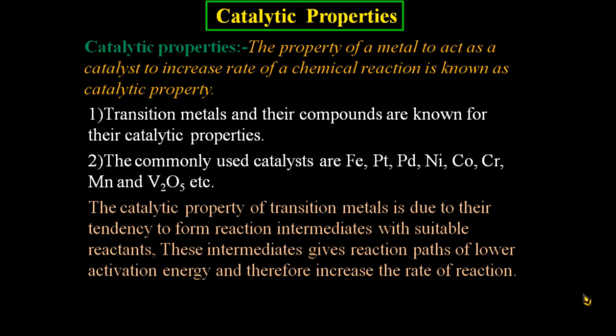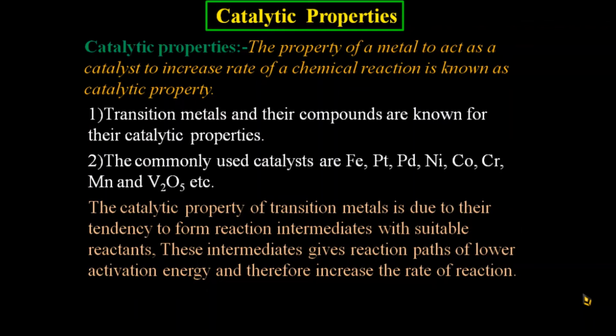Especially the transition elements show catalytic properties. This catalyst forms intermediates. That means they form bonds with the reactants, make the reactants concentrated by forming bonds with them, and convert them into the product.